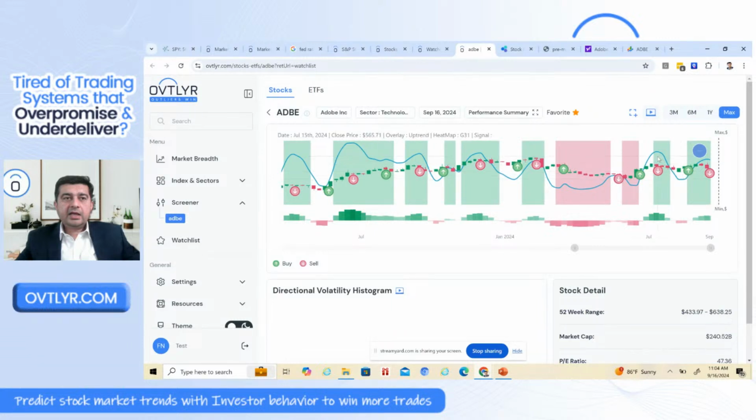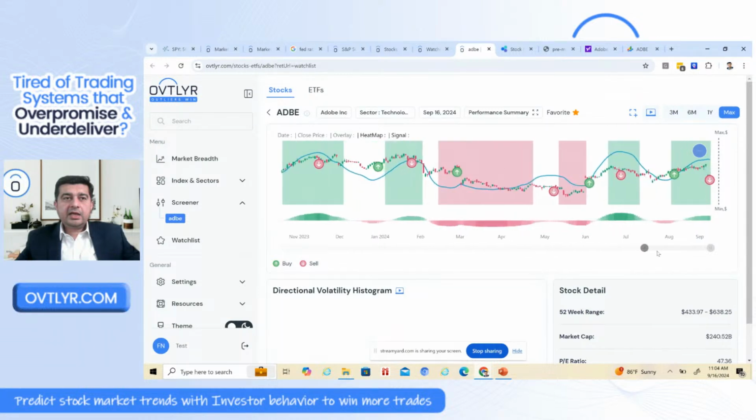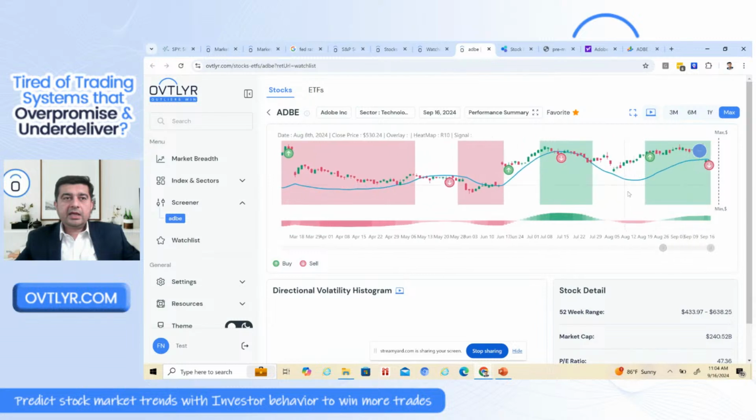But if you're looking at just the oscillator and heat map, around August 14, 15, around this time frame, it has started going in the upward direction. And of course, again, coming back to my previous point, I'm going to look into the other data points as well. But let's say I am interested in Adobe, right?